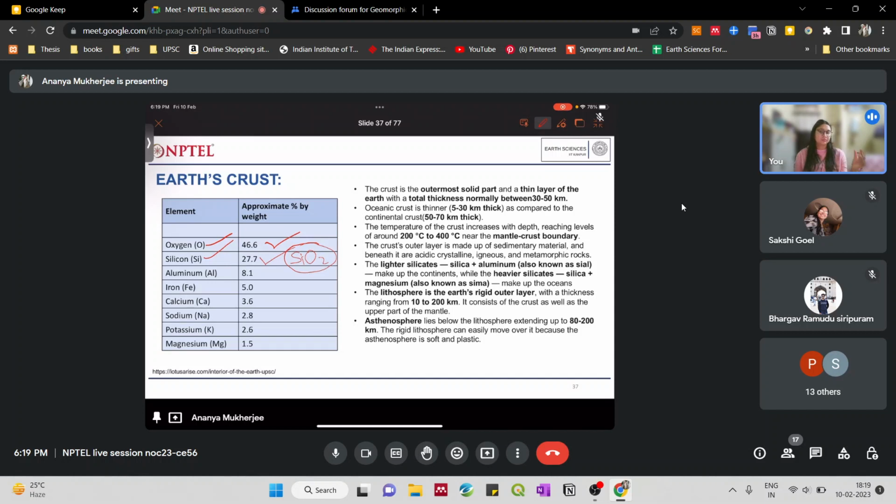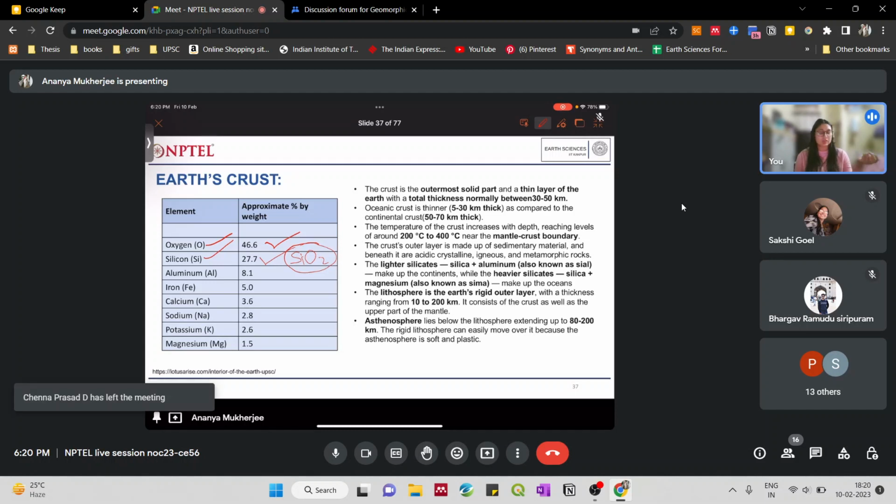Then, as per the knowledge of how temperature varies with depth, we see that the temperature rises with depth within the crust. Now the crust is mostly made up of the rocks that we study in geology and in earth sciences also.